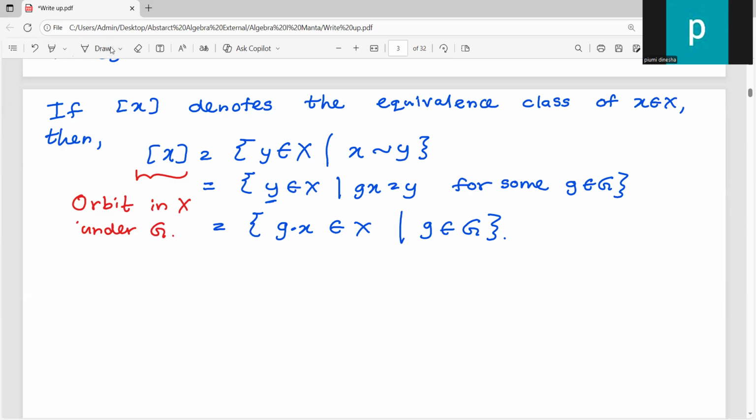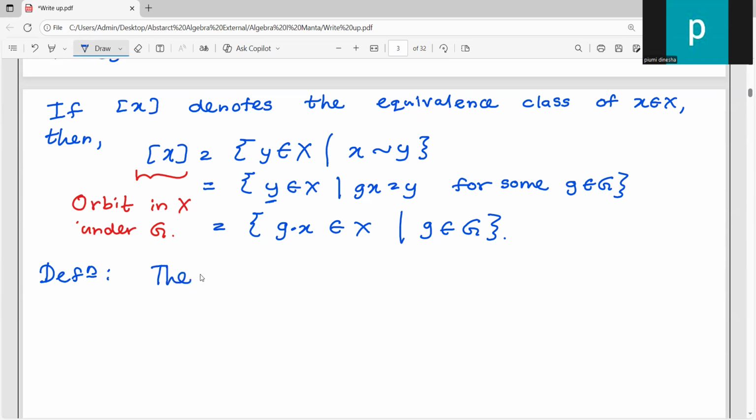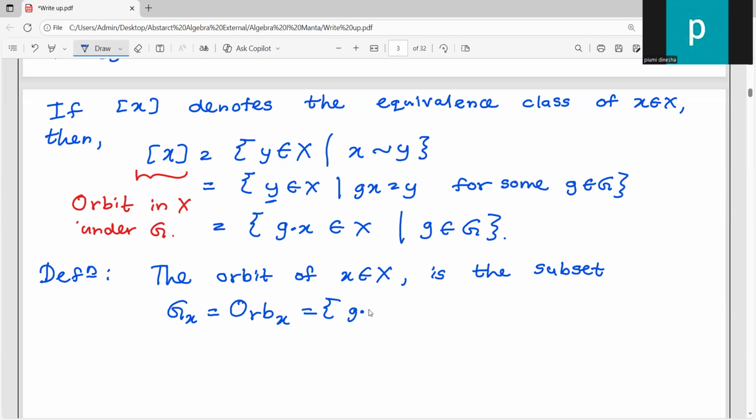Let me give the formal definition. The orbit of an element x in this set is the subset G sub x, or we simply denote it by orb x, which is given by g dot x, where g is an element in G. Now observe, this is a subset of X, whereas the stabilizer of x is a subset of G. The stabilizer and the orbit are both defined for fixed elements in X. So the stabilizer is a subset of G, whereas the orbit is a subset of X, right?